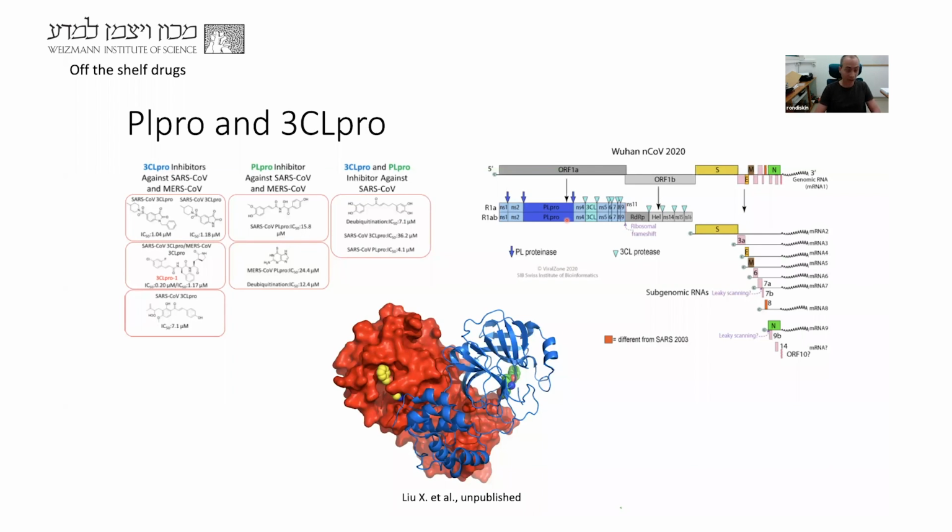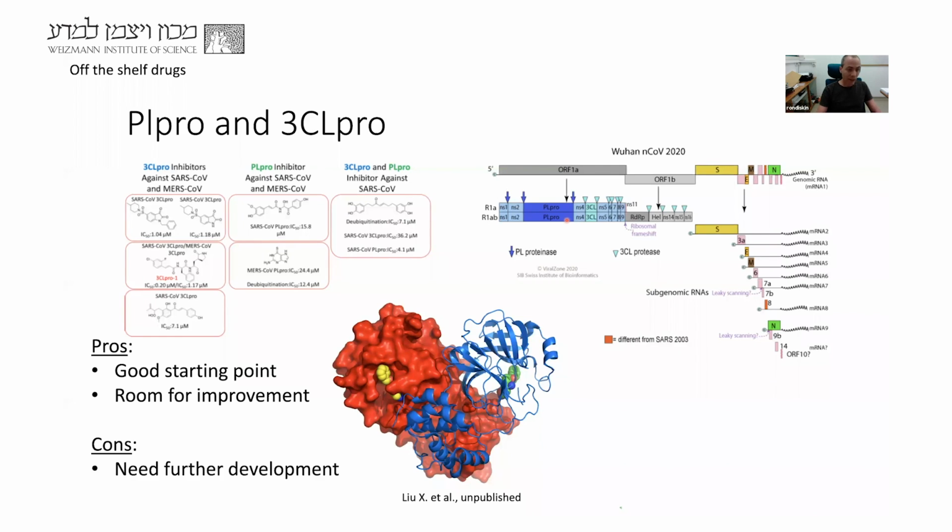So they were developed, and that's it. So those would be a very good starting point to further develop better inhibitors. We can improve them, but they will need to be evaluated in clinical settings, something that was not done so far. And of course, that requires a lot of time.